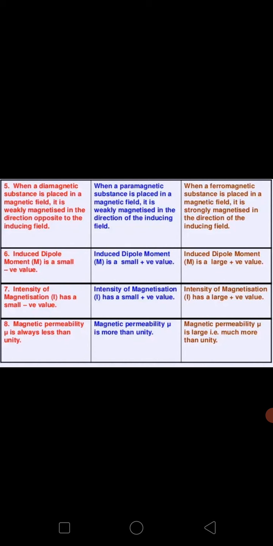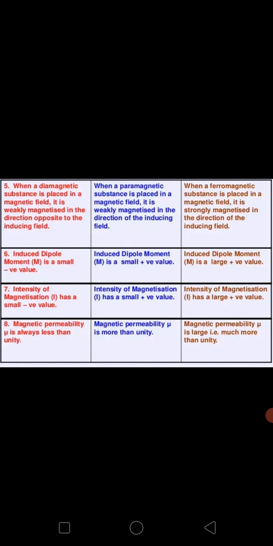So all the molecules will align in a particular direction, in the direction of the magnetic field. So that is why the induced dipole moment of a paramagnetic substance has a small positive value, and the induced dipole moment in the ferro also has a large positive value, because the properties of para and ferro are similar, but there will be a much stronger value in the case of the ferro compared to para.